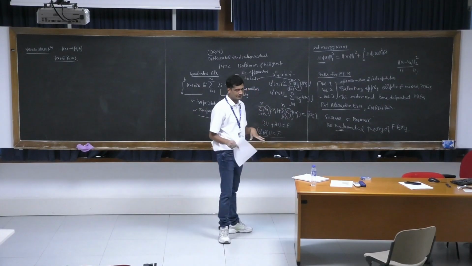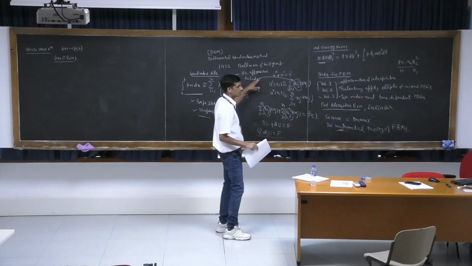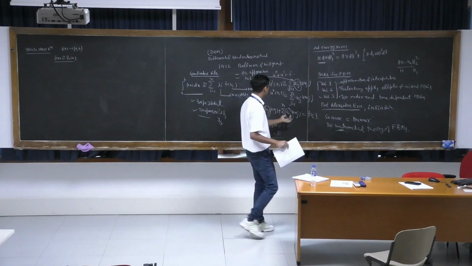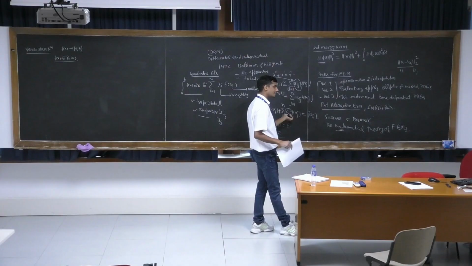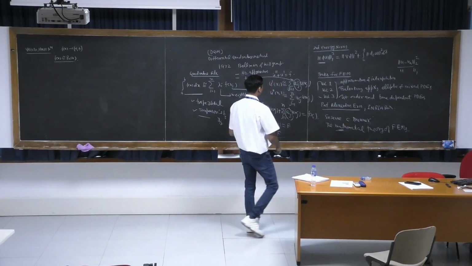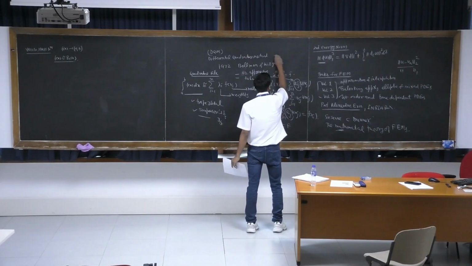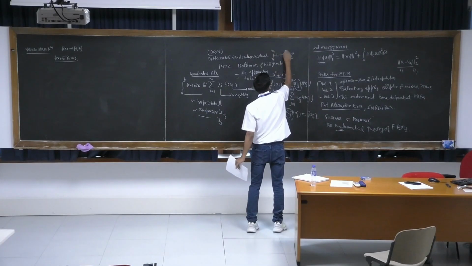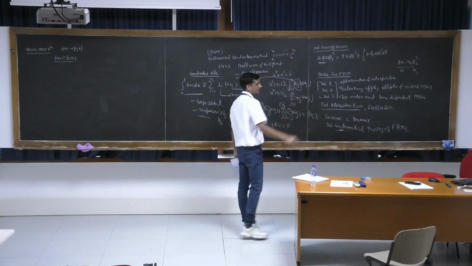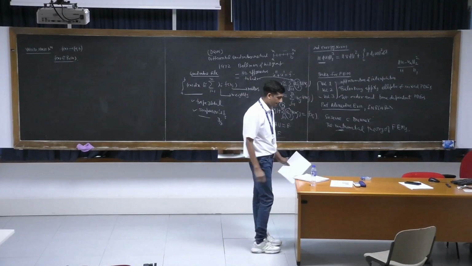So Bellman's first approach uses some basis to find these weights a_ij, and there was a drawback. Suppose this is our one dimensional problem, so these are the nodes x_1 up to x_n. First we discretize the domain.